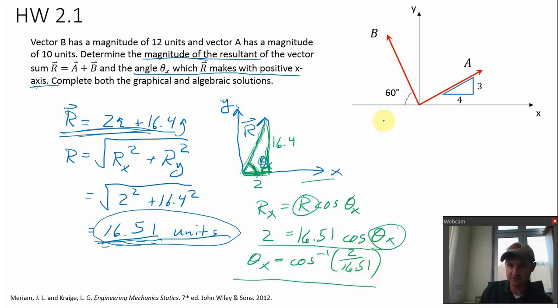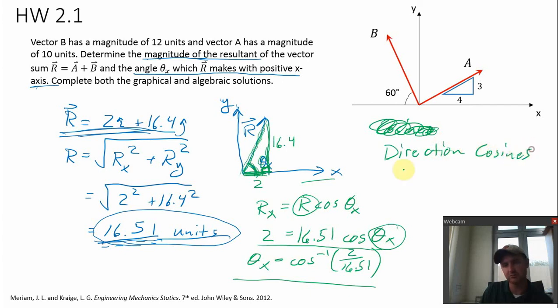Now, this is what's called direction cosines. If a problem ever asks you to find the angle that a vector makes with a positive axis, you can use the direction cosines.